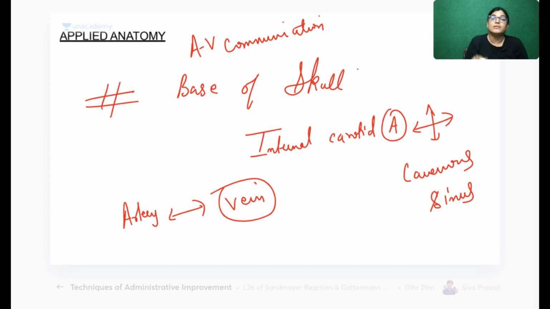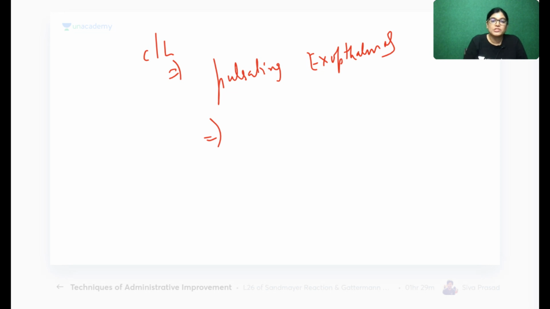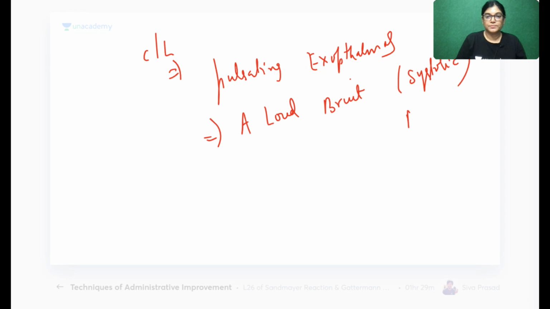And here the force of blood will increase in the cavernous sinus, and the clinical symptom will be pulsating exophthalmos. The patient is having much more blood supply with a better force, so it will cause a loud bruit, that is, a systolic murmur.